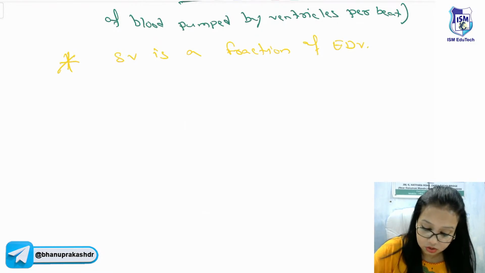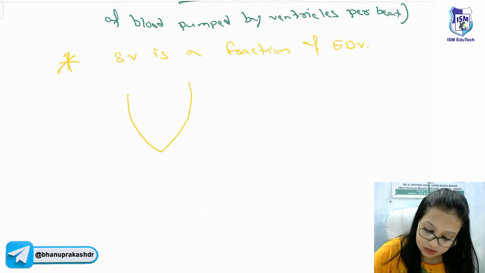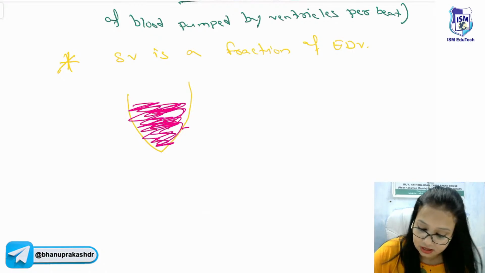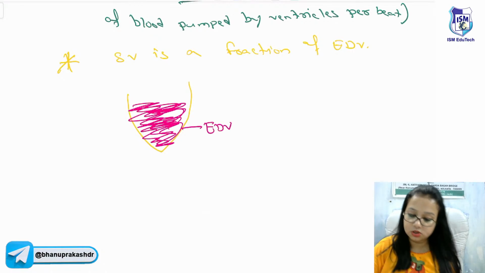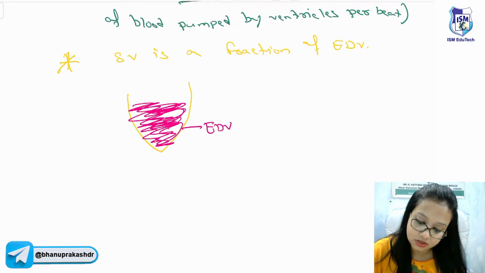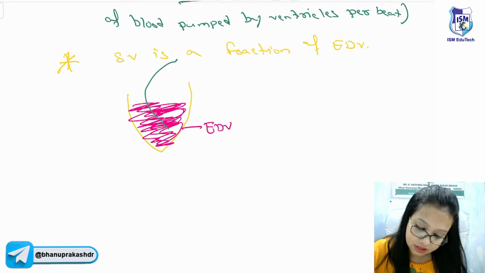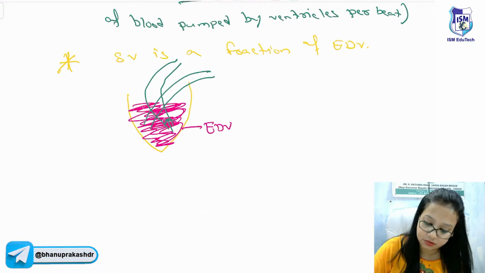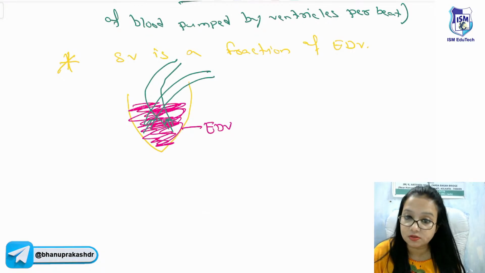True, right? So if these are your ventricles, after the filling phase, the ventricle is filled up with blood, right? It is the end diastolic volume. So when the ventricles are pumping the blood to the periphery and to the lung, it is pumping out blood from this end diastolic volume.